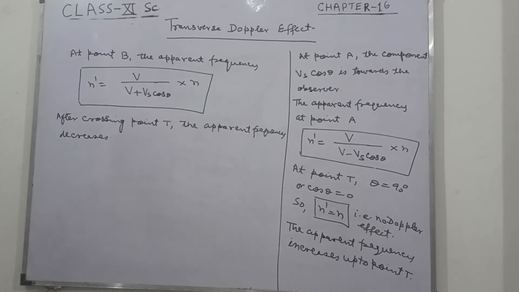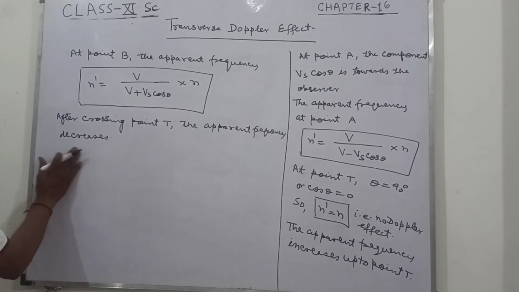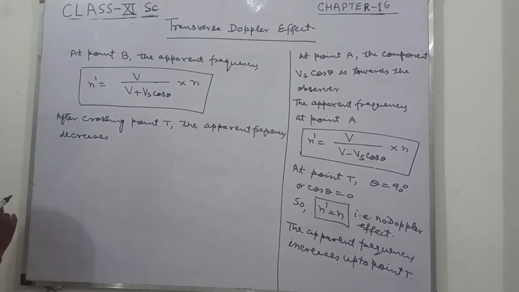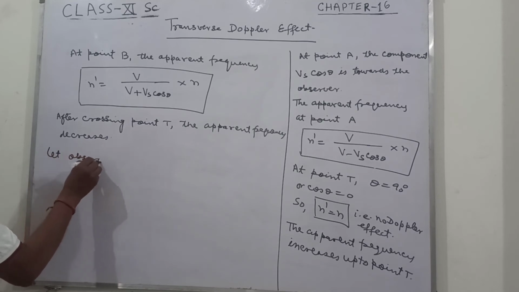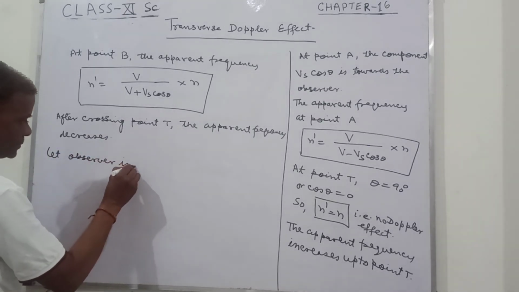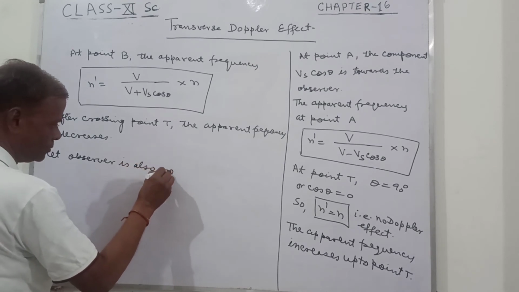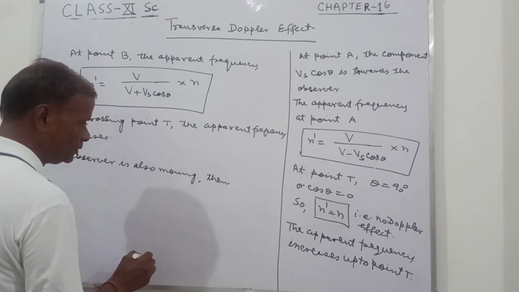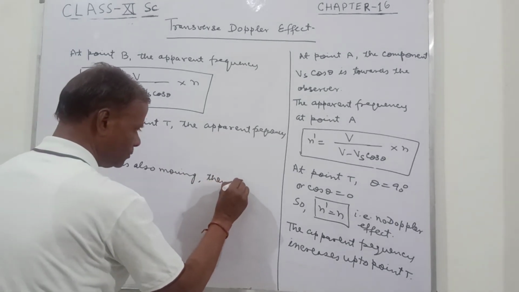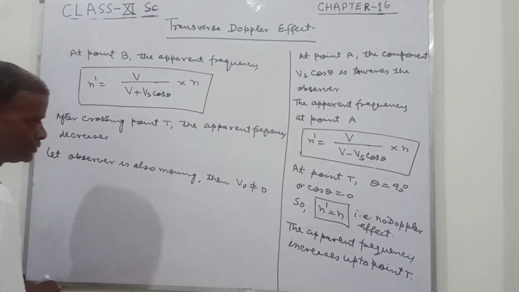If suppose the observer is also moving, then V naught is not equal to 0.